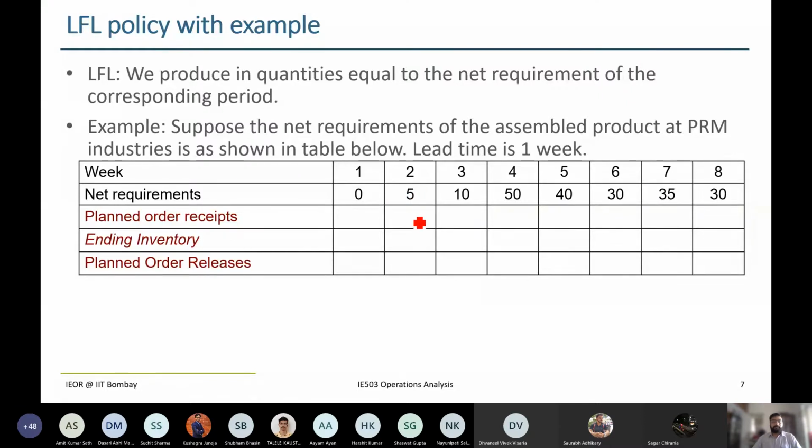In the lot for lot example, we simply produce the exact same quantity that is required. So we are just going to make 5, 10, 50, 40, 30, 35 and 30 units. Since I'm producing exactly what is required to meet the requirement, my ending inventory will all be 0.